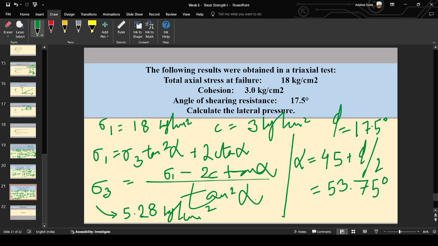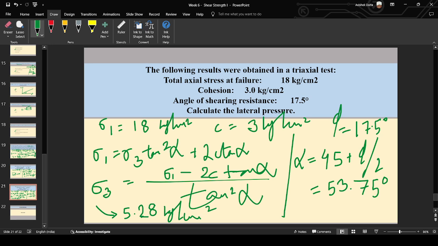So I just repeat this question. We have been given a classical numerical for the triaxial test, where we have the axial stress at failure as 18 kg per cm². It is the σ1 value, cohesion C as 3 and φ as 17.5. We are asked to find the lateral pressure, that is σ3, the minor principal stress.